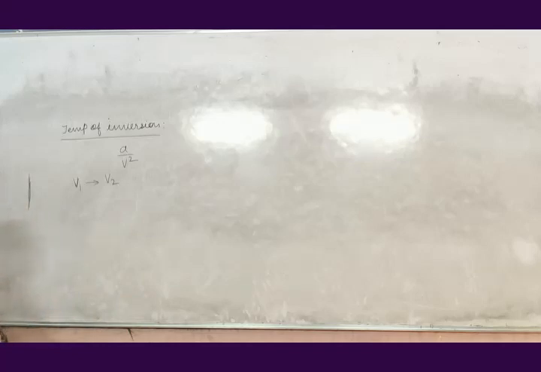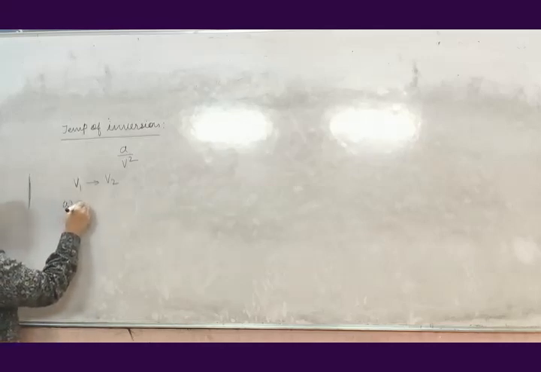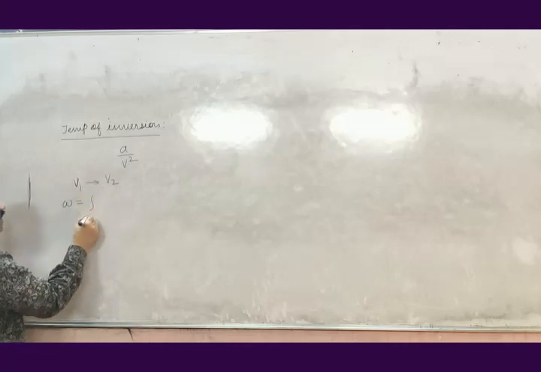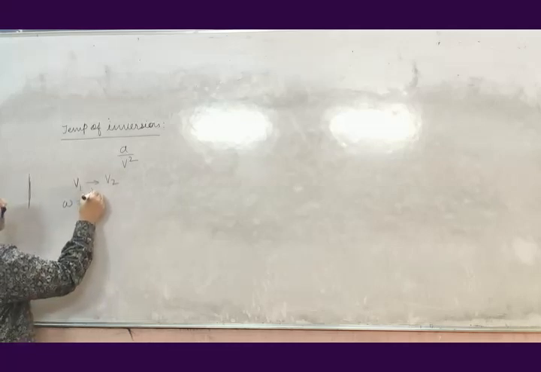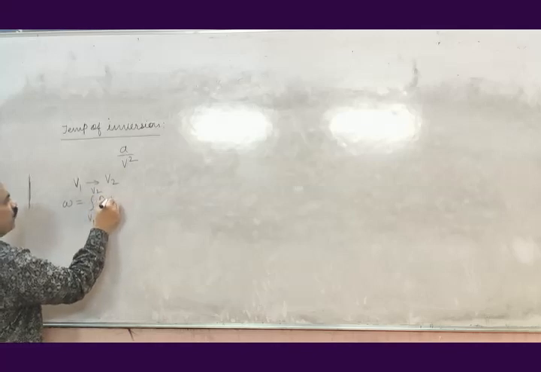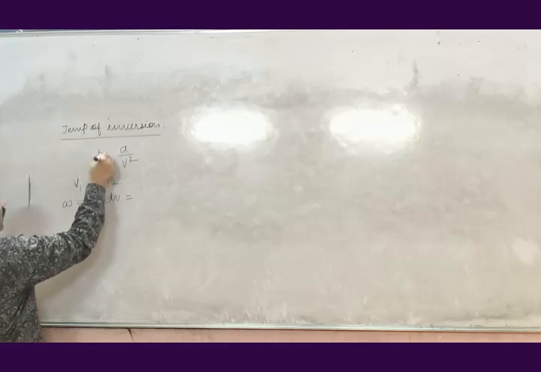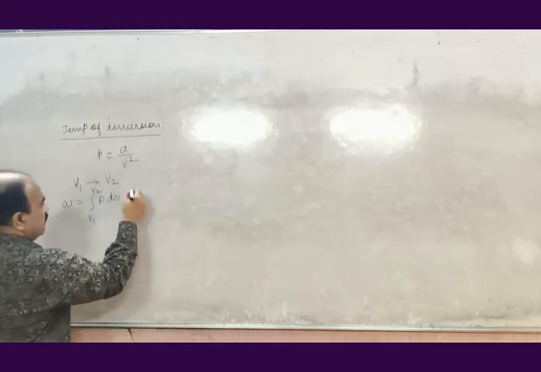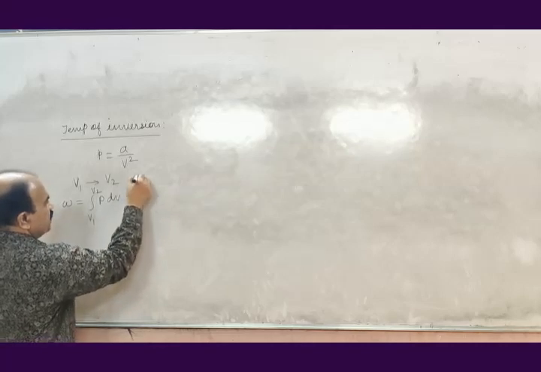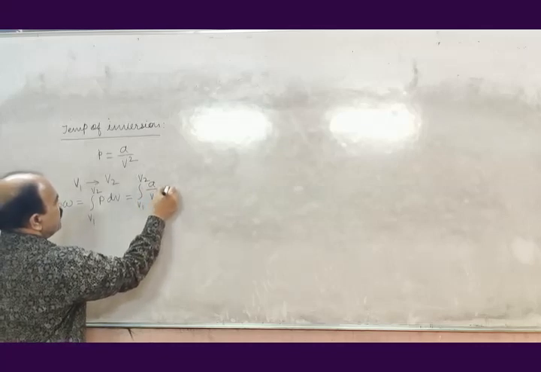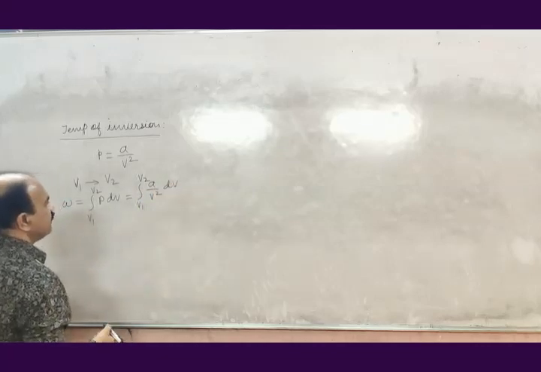Lower volume is V1, higher volume is V2, and therefore the work we need to do to perform this expansion is integration between the limits V1 to V2 P dV. What is this P? It is this A by V square. So it is integration within the limits V1 to V2 A divided by V square into dV.